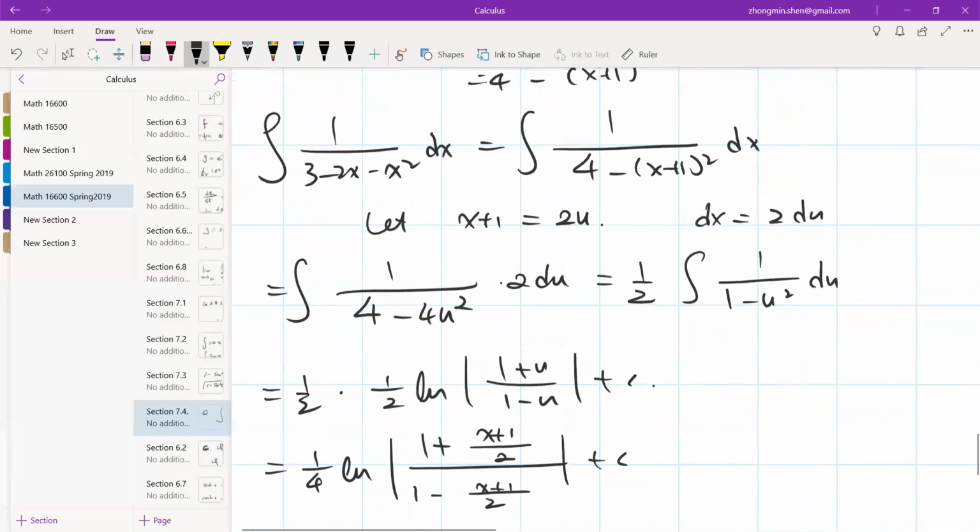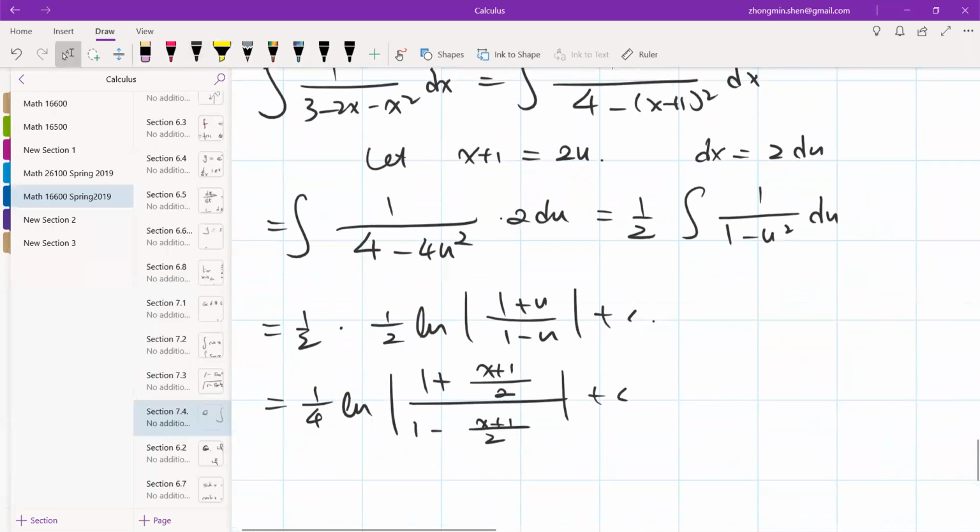And you have to simplify. Simplified, you get x plus 3 on top, and 2 minus x minus 1, which is 1 minus x, or x minus 1, doesn't matter. So this is the answer.